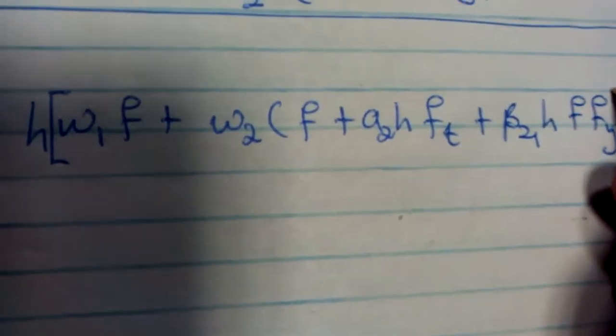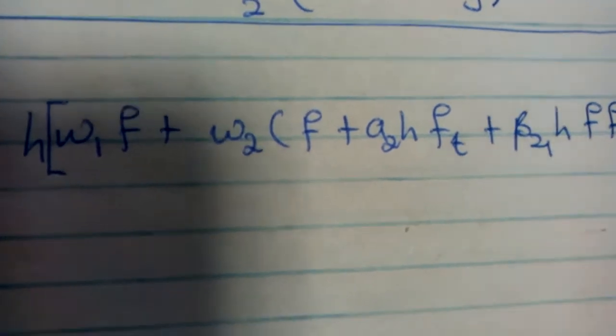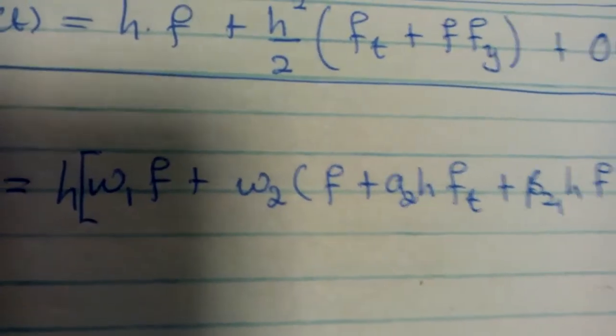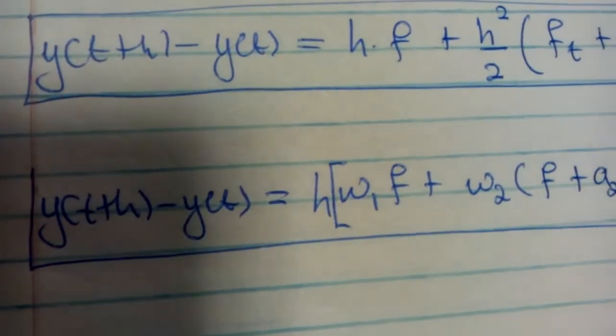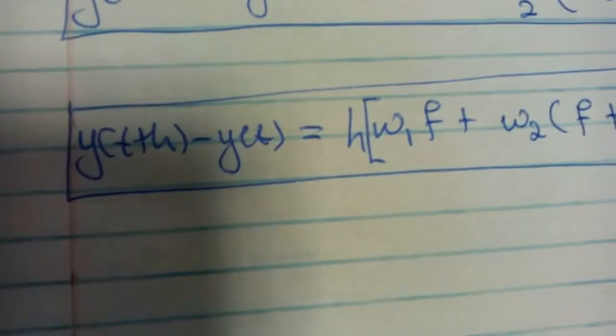Right, then we close the small bracket here, then we close the square bracket again here, and then we compare these last two equations that I've just boxed here.